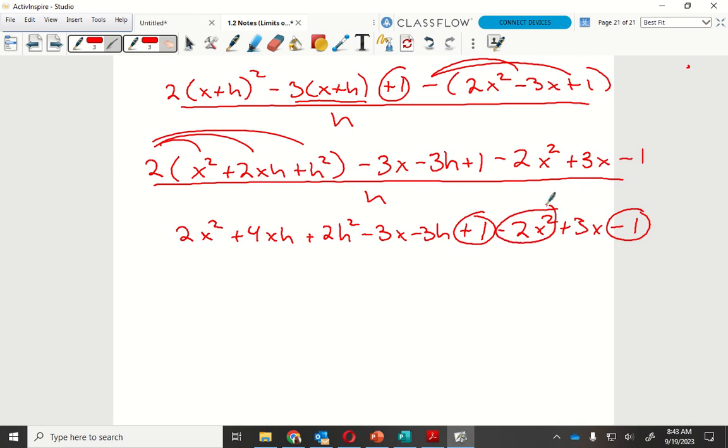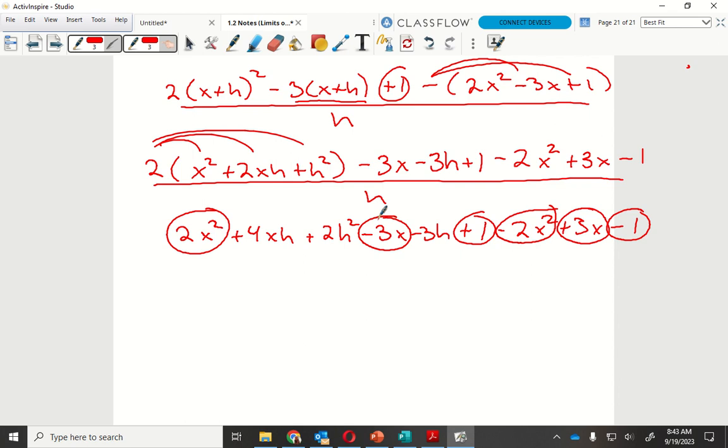Minus 2x squared plus 2x squared, those go away. Plus 3x, minus 3x, so all those will combine to cancel out, right?